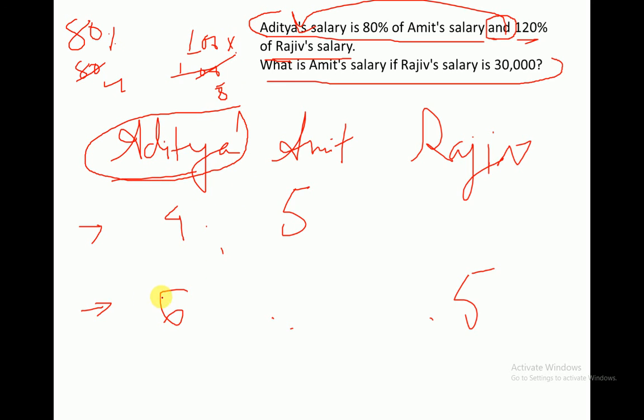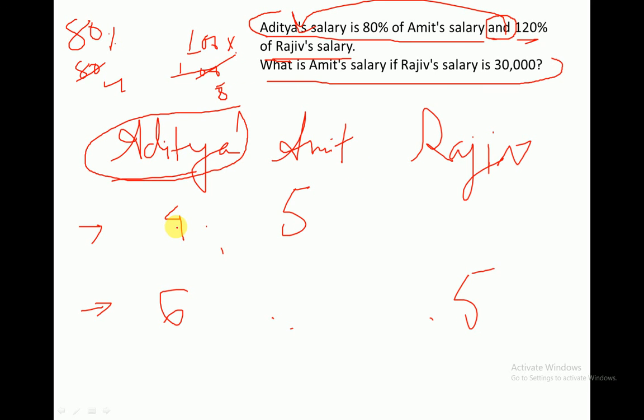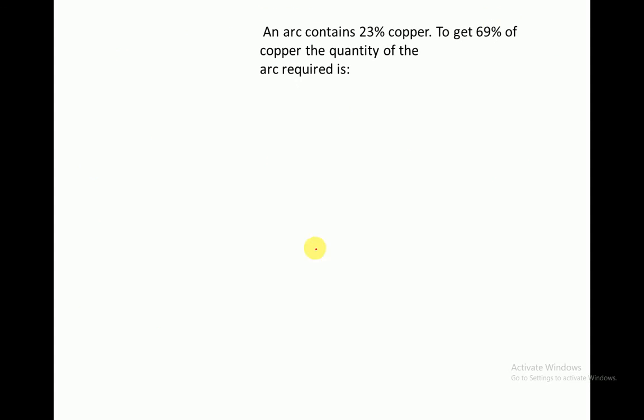What you need to do is take a blank screen and place the connecting one in the middle, Aditya, and on the left and right side you can keep either Rajiv or Amit. So Aditya is 4 and 6.